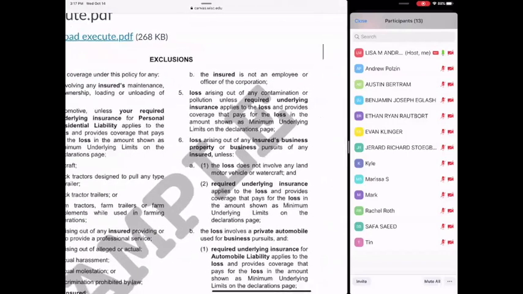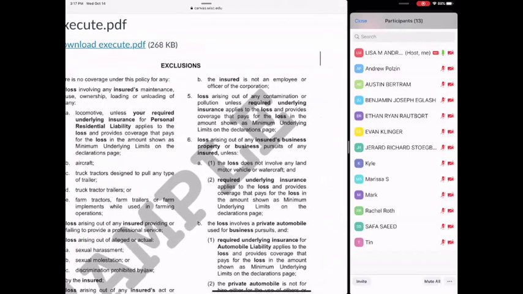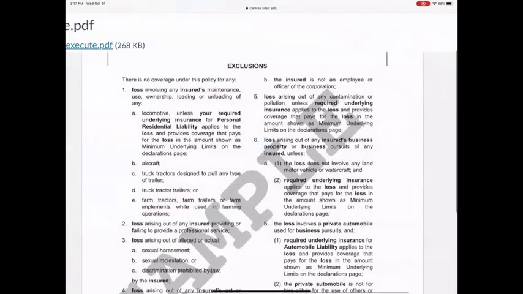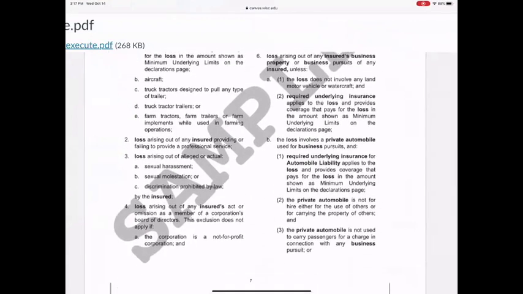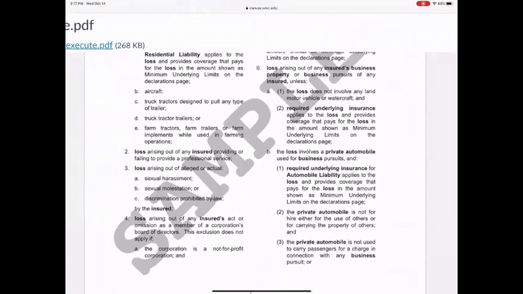So again, a lot of these exclusions are, in my opinion, but again, I'm an insurance nut, reasonable. When you read these exclusions, it's important to understand what you are and are not covered for. Especially business pursuits. You have a lot of people doing side gigs.